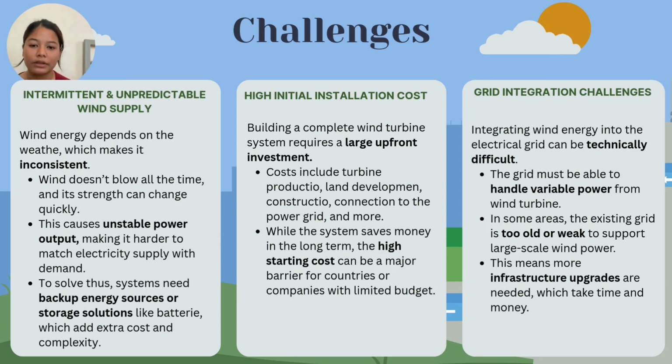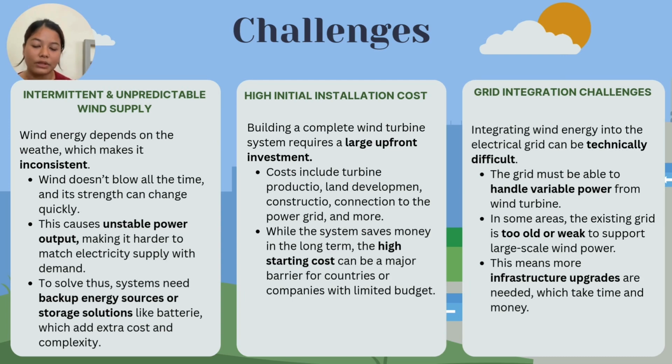Third, we face grid integration challenges. The power grid is not always ready to handle the changing output from wind turbines. In some areas, the electrical system is too old or weak to support large-scale wind energy.